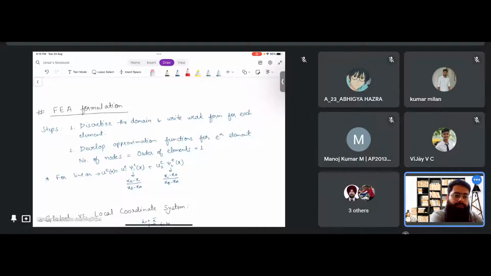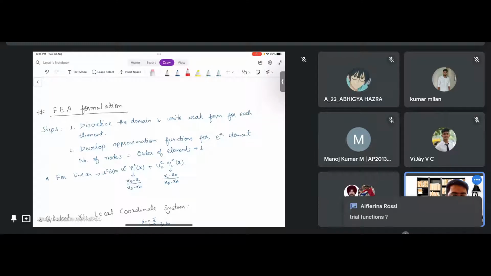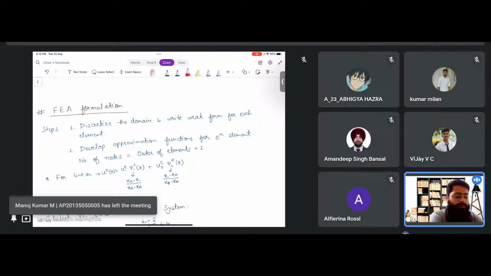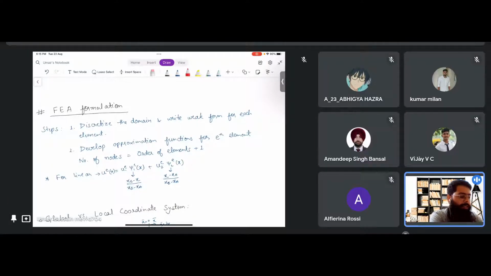Trial functions. Okay. Trial function is basically another name for the approximating solution, the function we chose. So that's the same thing. We choose some approximation function in the other methods also, and we do the same in FEA also. What other difference can you think of?